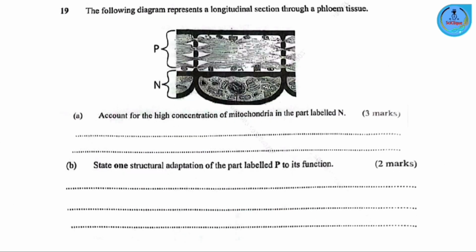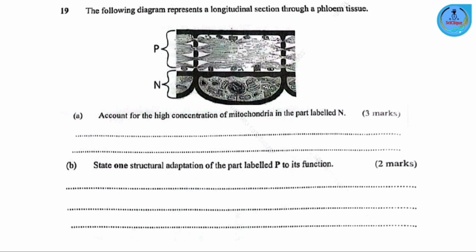Question number 19. The following diagram represents a longitudinal section through a phloem tissue. Part A. Account for the high concentration of mitochondria in the part labeled N. Okay.